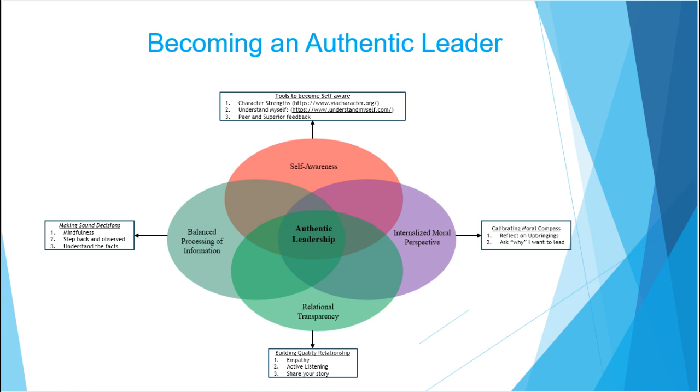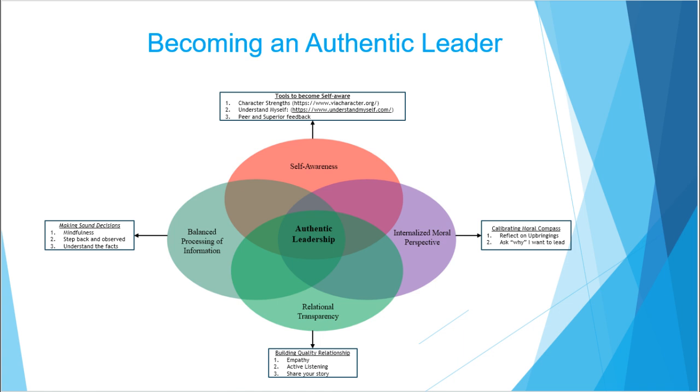And then for internalized moral perspective, how do you develop that as a leader? It comes from being reflective. Reflect on your past, because authentic leadership says that our moral compass is developed by our upbringing. There are some things that impact you at a deeper level when you are growing up.